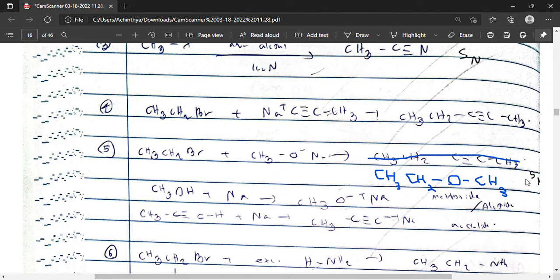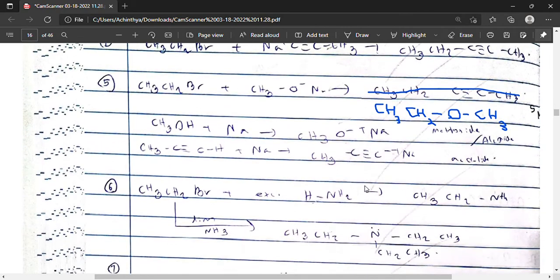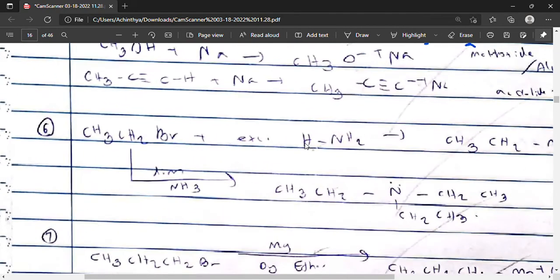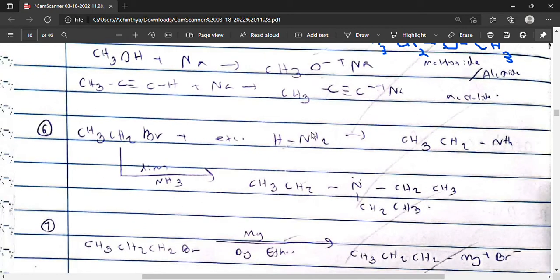Another thing we can do with alkyl halides is add ammonia to them. If we were to add excess ammonia to an alkyl halide, here we have ethyl bromide as our example, one hydrogen runs away with the bromine, and this amine group adds to this ethyl group to produce this amine, ethylamine.